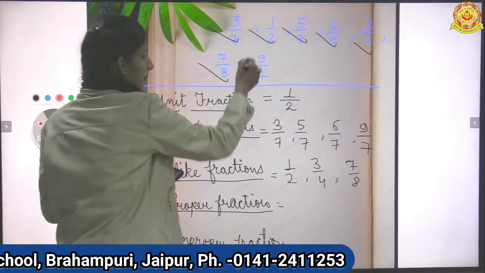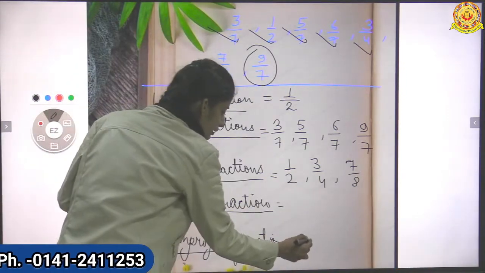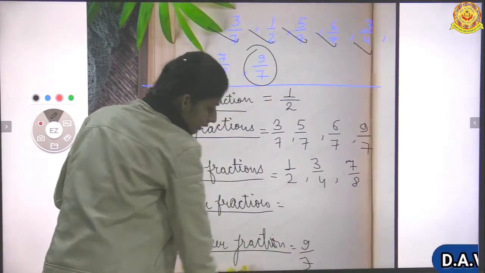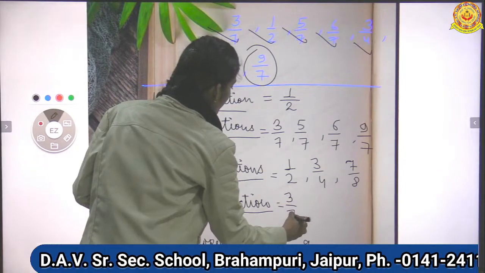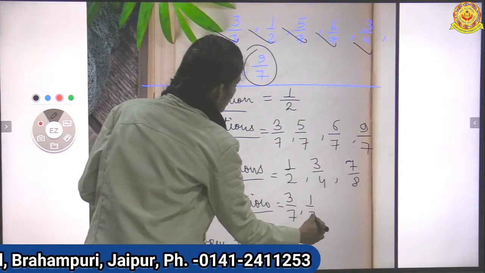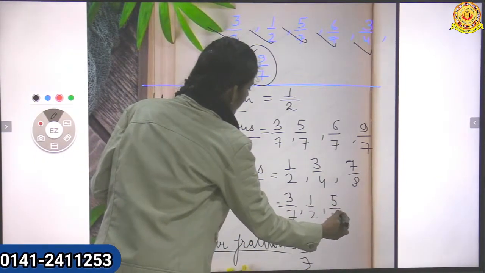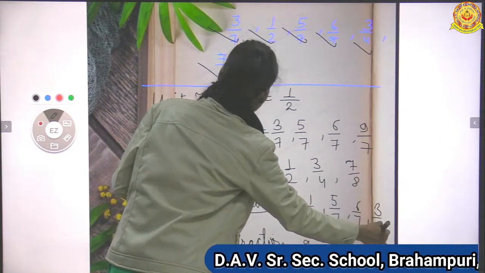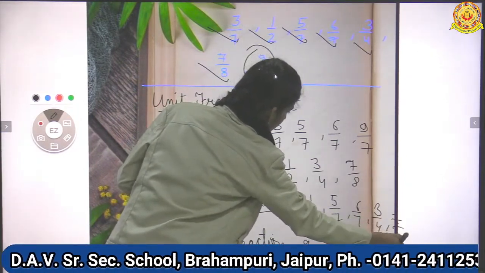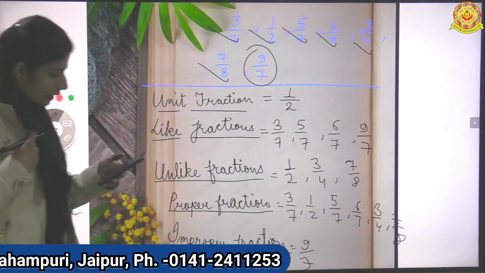Improper fraction is 9/7. Why? Because 9 is greater than 7. All the other fractions are proper fractions because the numerator is smaller than the denominator. Is it clear, all of you?